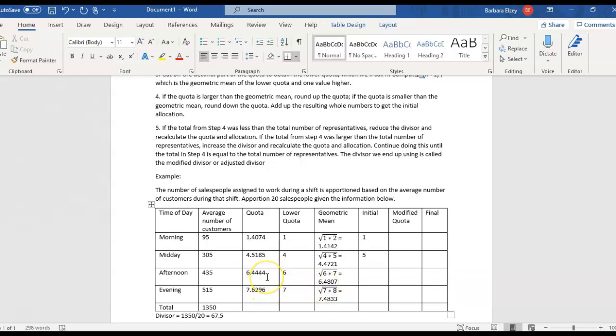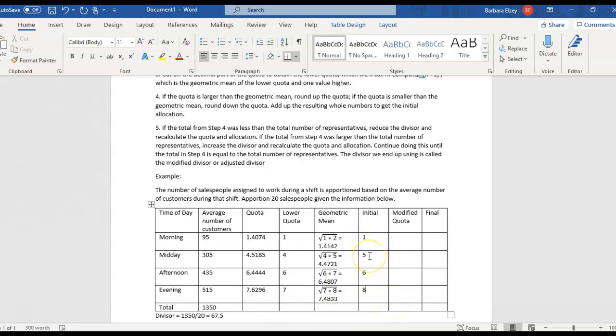Well, 4444 is smaller than 4807, so we're going to round this one down to its lower quota. And then our last one, let's notice the quota has 6296 in its decimal. This one has 4833. The quota is larger. We will round it up, and this will become 8.